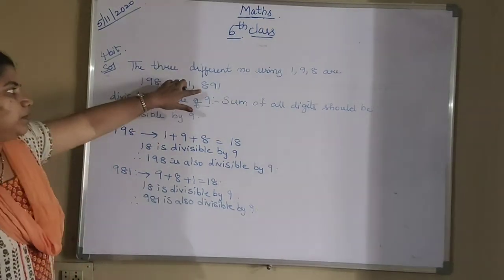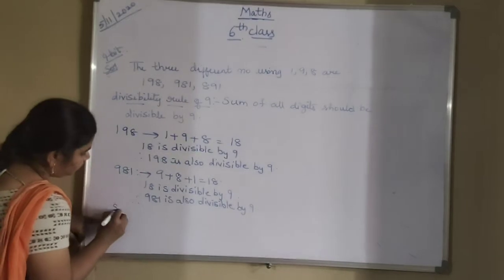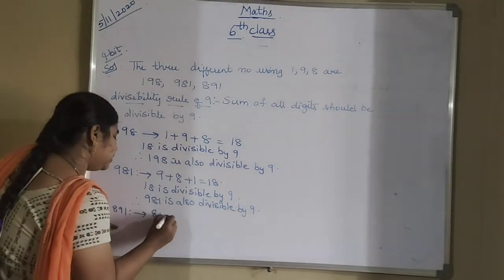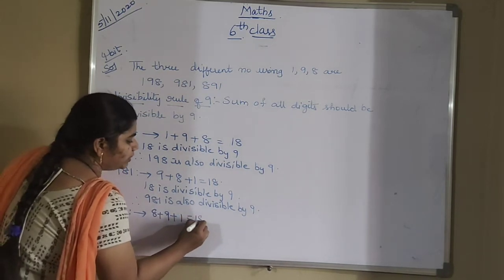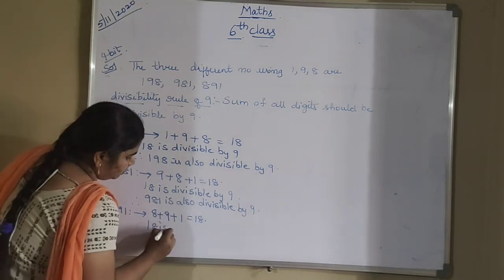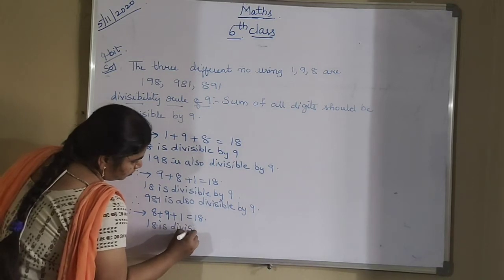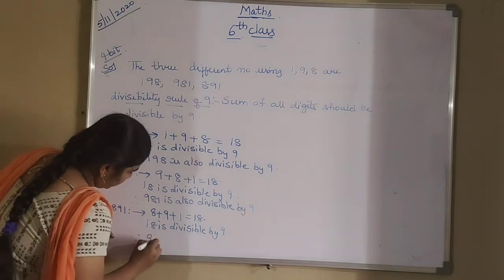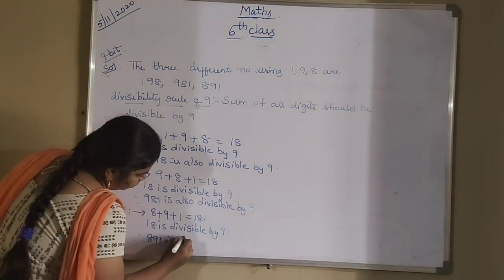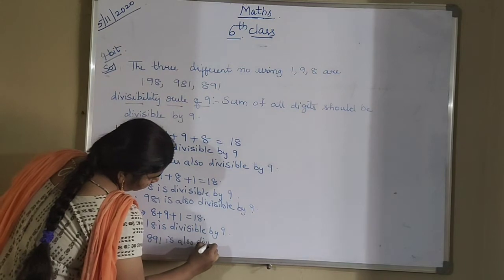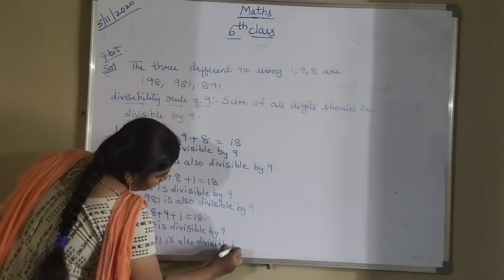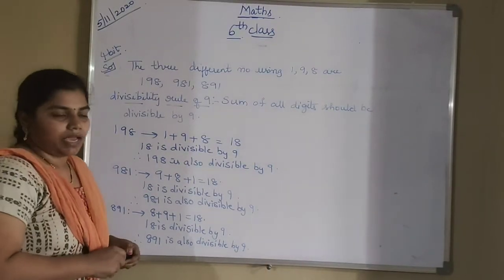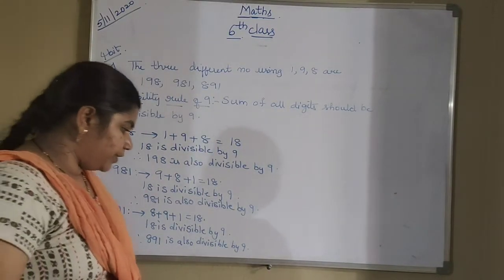So what is the last number? 891. So 8 plus 9 plus 1, again it will be 18. So 18 is divisible by 9. So therefore 891 is also divisible by 9. So all the three different numbers are divisible by 9 here. So this is our fourth bit.